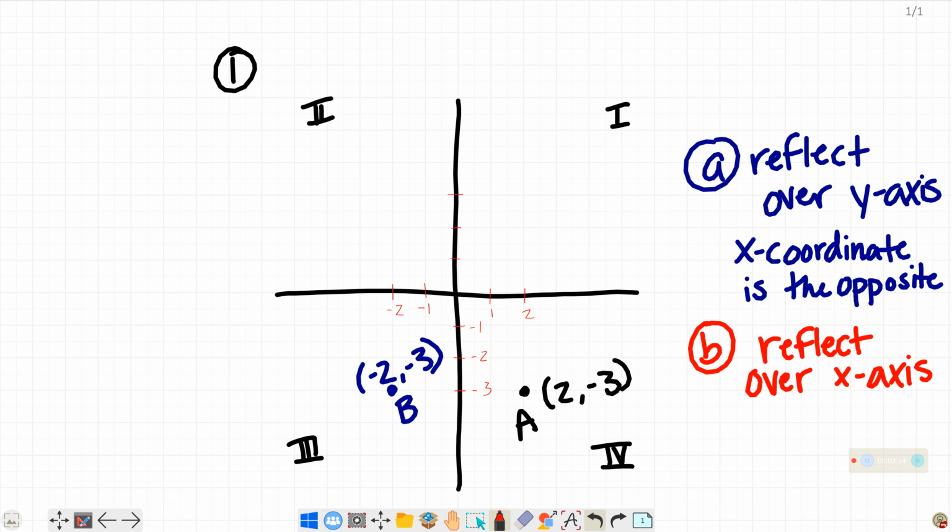Then it says, label the image C and write its ordered pair next to it. So we're going to move B by reflecting over the x-axis, label the point C, and name its coordinates. So where is it? Use the x and the y coordinates.